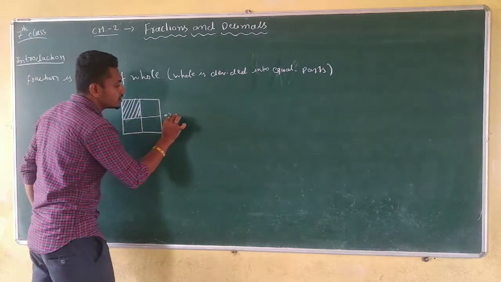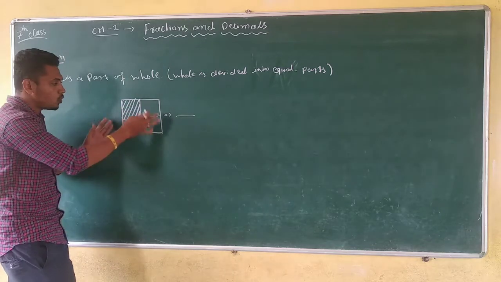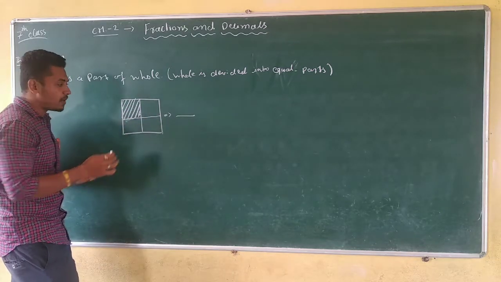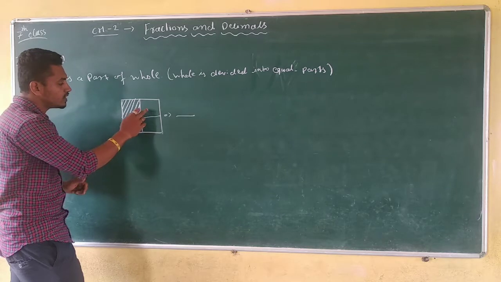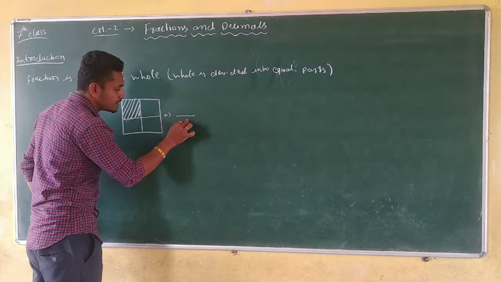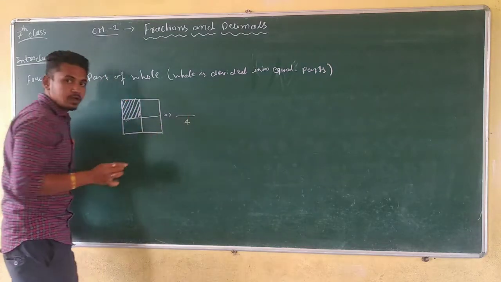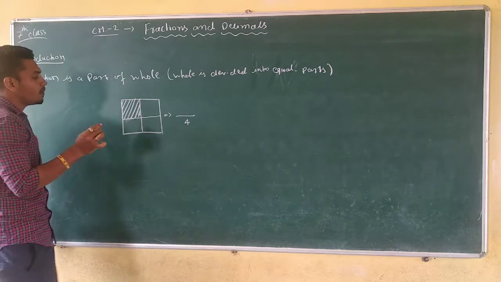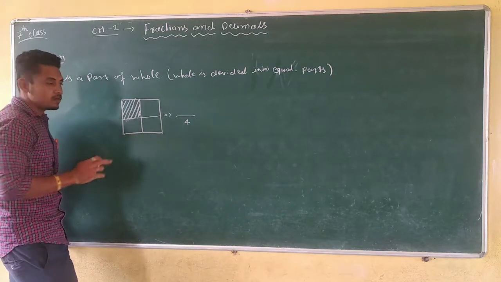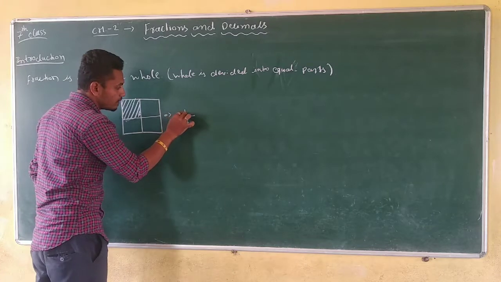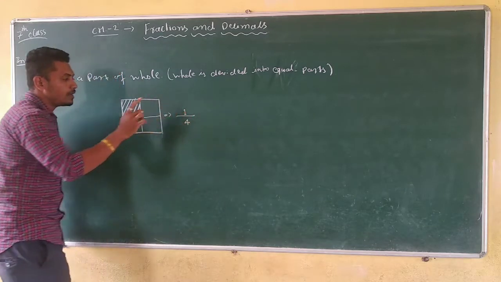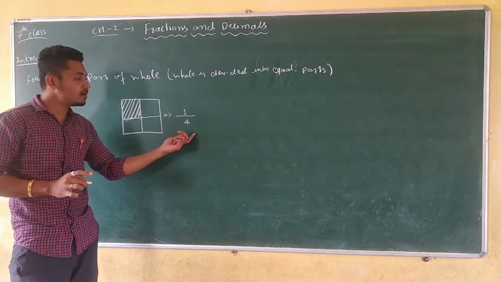First you write the total number of parts of this whole square. How many parts are there? 1, 2, 3, 4. So you write 4 here downward. And how many parts are colored? 1 part. So you write 1 here. So 1 by 4 is our fraction.